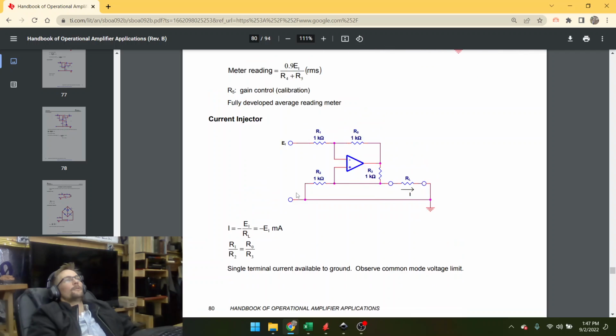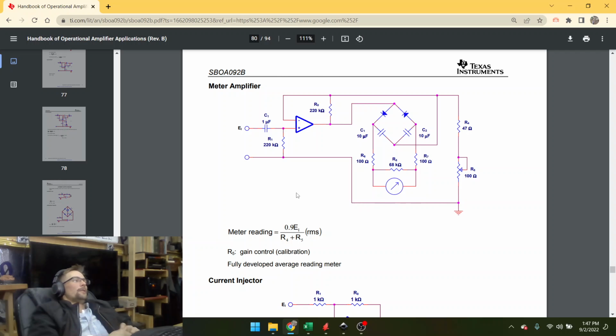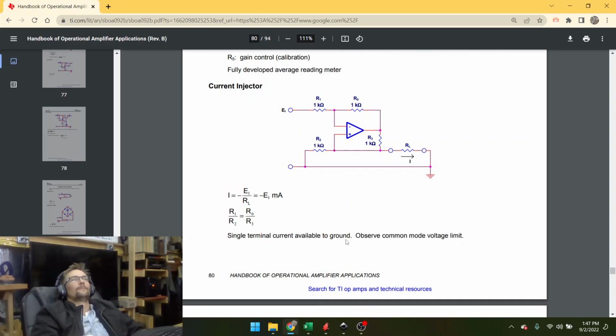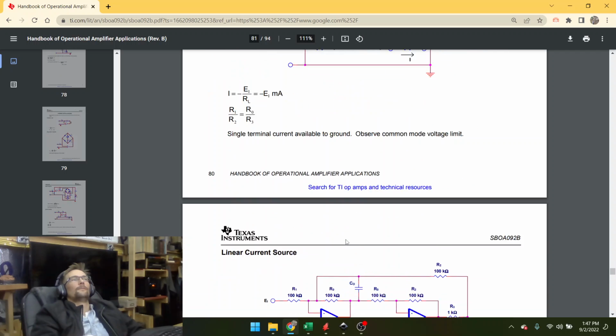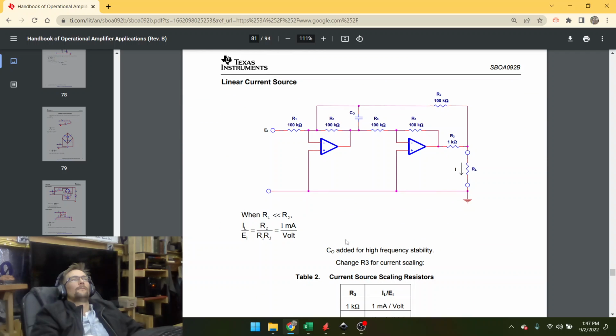Current injector. I'm thinking about like, what's his name? That's into like chemistry, computing. Linear current source.